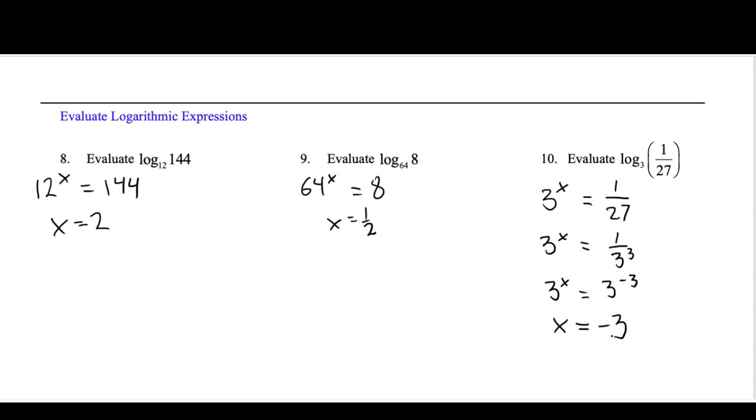So that's how logarithmic expressions work. Now, these examples that we looked at, they're relatively straightforward to work out, just kind of by hand or by inspection. Not every logarithmic expression is that easy.